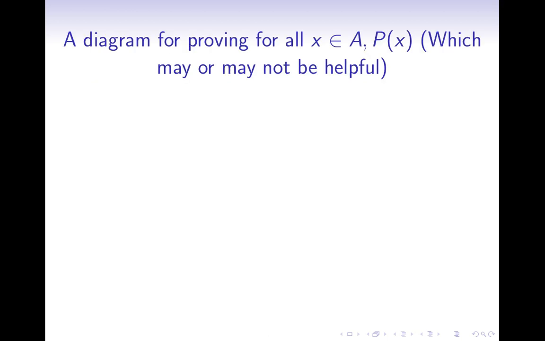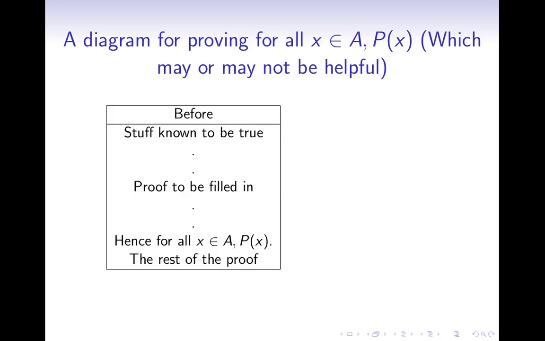There is a diagram which is supposed to illustrate in graphic form how this principle works. May or may not be helpful. So what I have are two rectangles, one representing the situation before you use this first principle.